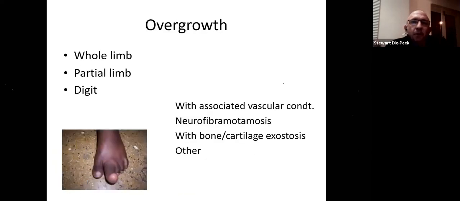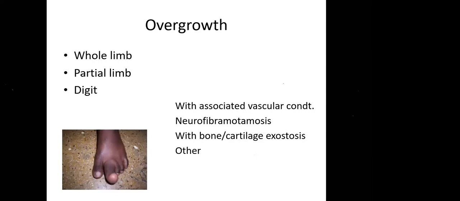Okay. Overgrowth, classically here associated. Ayik, what gives you single toe, big toe overgrowth? Neurofibromatosis is one of them. Correct.